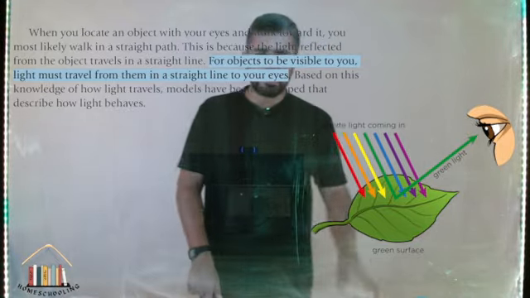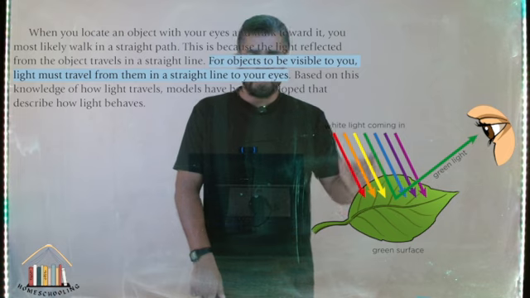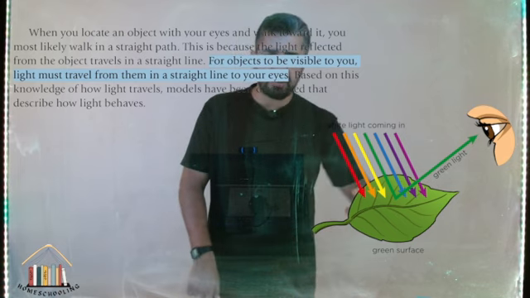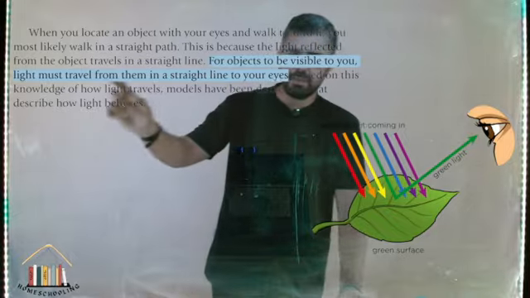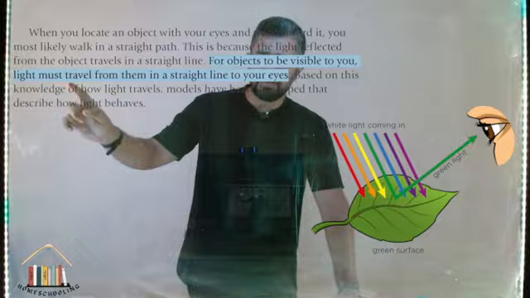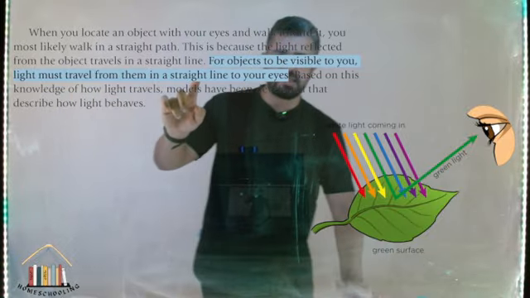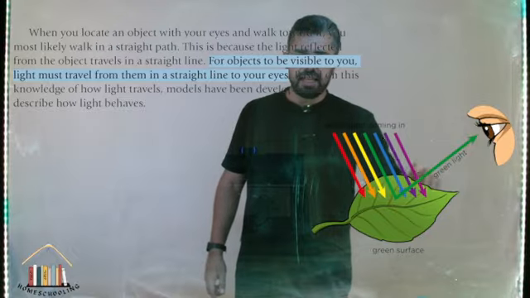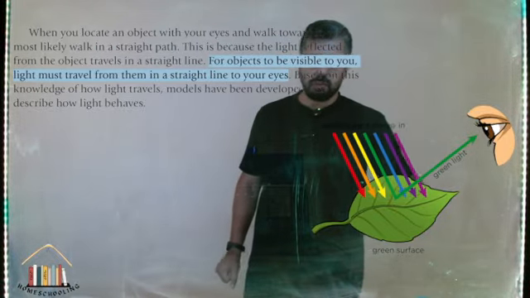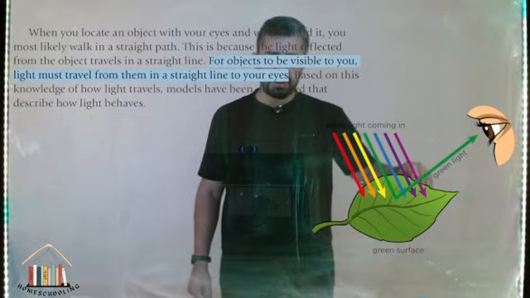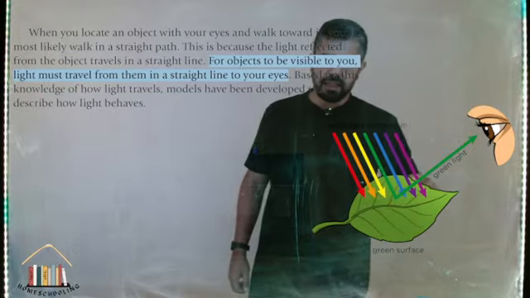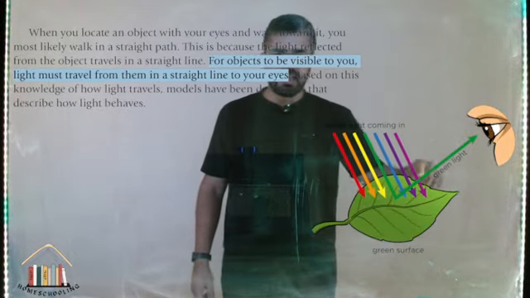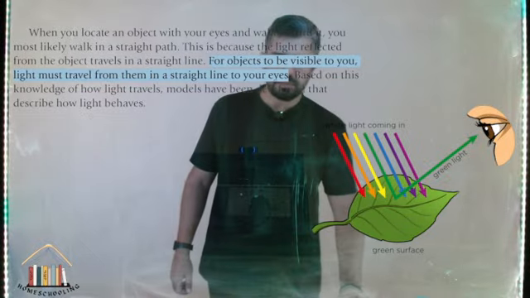In physics, this object, the leaf, absorbs all colors but reflects one, which is the green. So we read together: for an object to be visible to you, light must travel from it in a straight line to your eyes. As we see here, the green ray is reflected from the object, wherever it is, here in this case the leaf, and it travels in a straight line to our eyes.